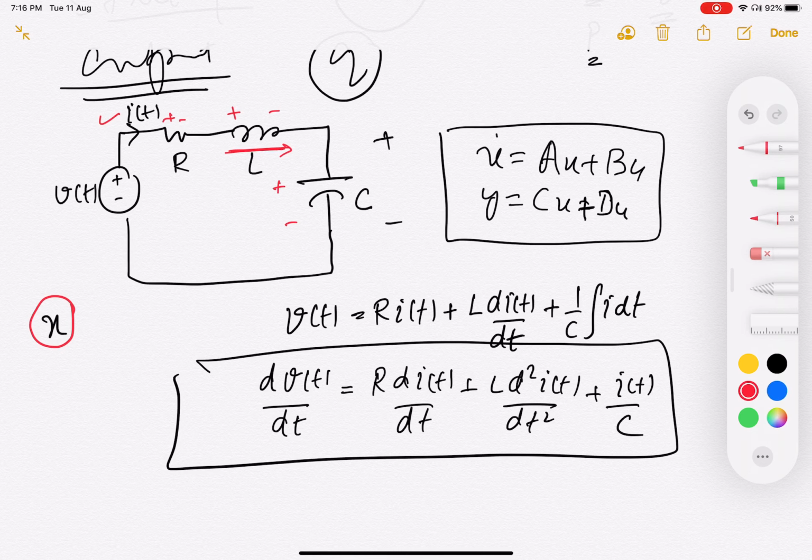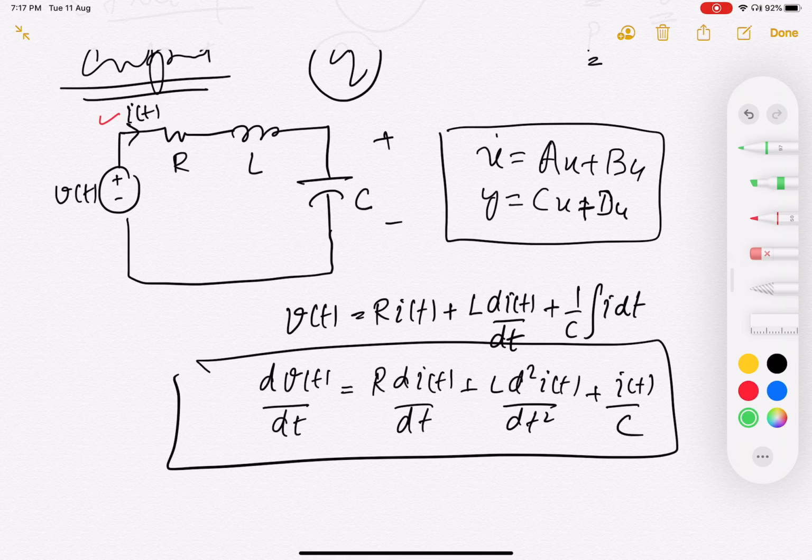So there are many system variables, but the state variable vector x is special. What is special about x? x would be linearly independent system variables, and they are such that if you know them at time t equal to 0 and you know the inputs beyond time t equal to 0, you know everything about the system. So it has to be something special. There is a thumb rule for selecting state variables in circuits, without going into the details.